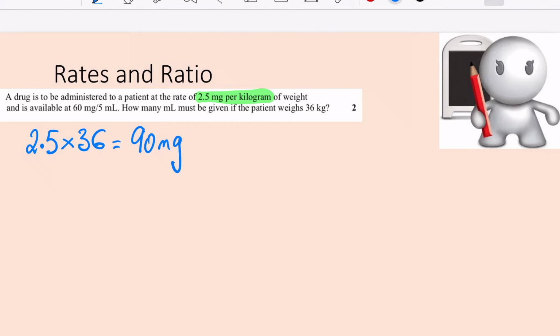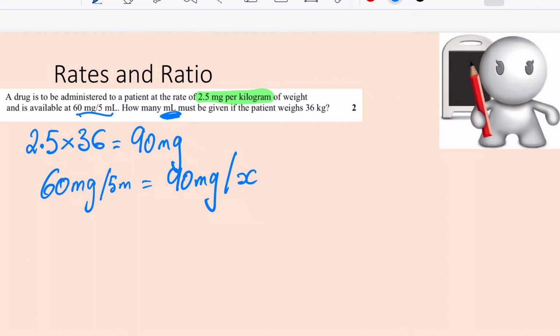The question is asking how many milliliters. So I've got this rate over here, and it's 60 milligrams per 5 milliliters. I've been able to work out 90 milligrams, and we want to work out how many milliliters. So let's replace the unknown with an x.